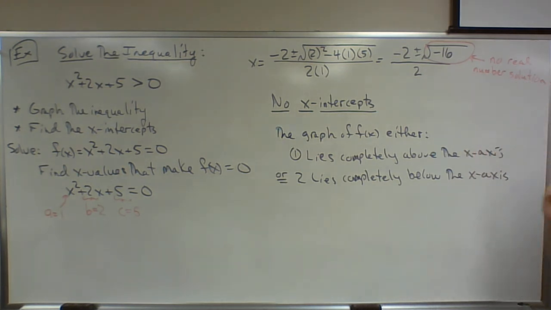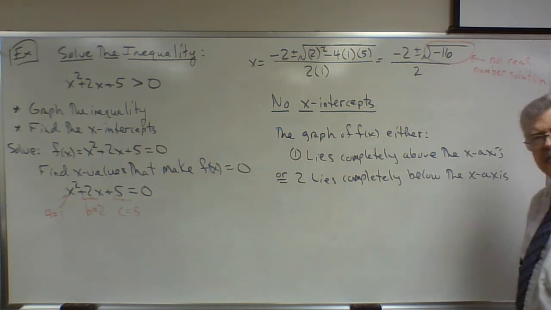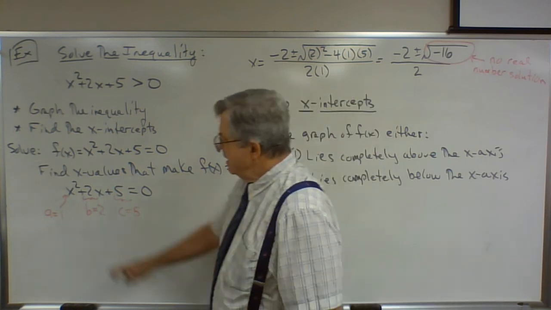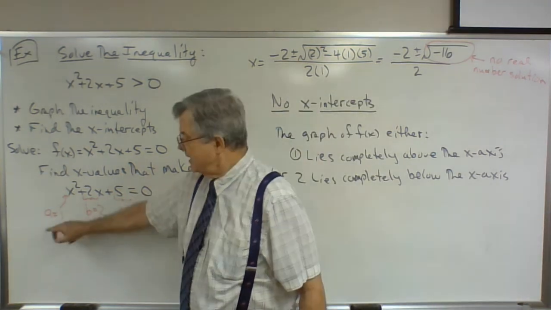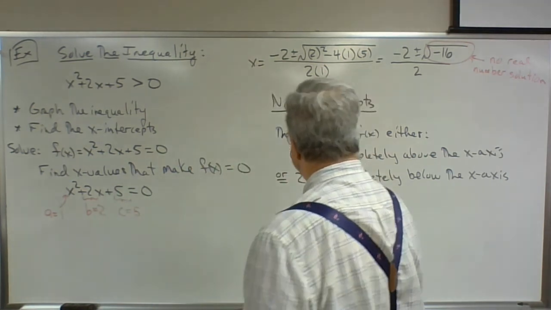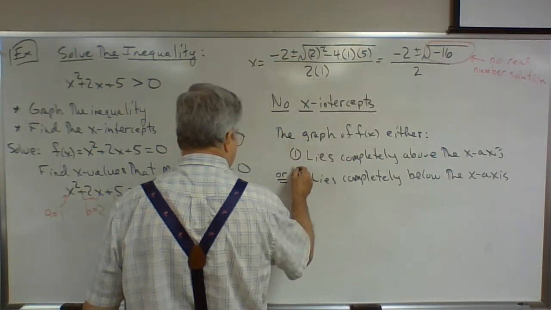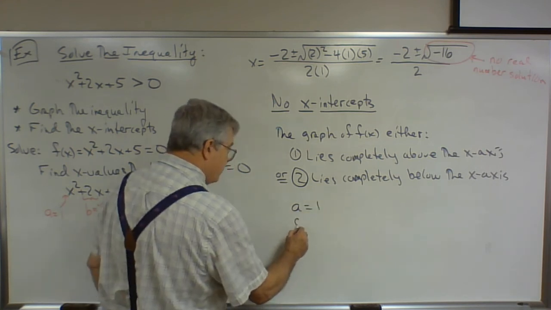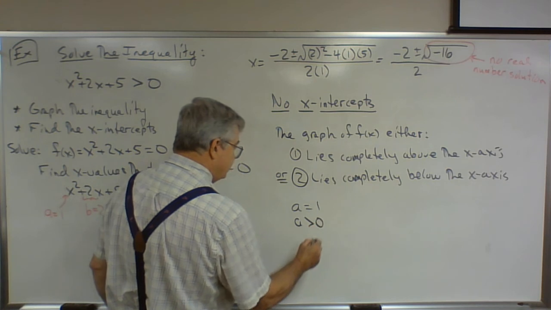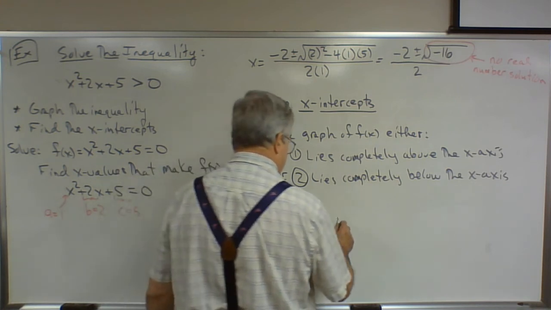It's got to be one or the other. And again, the easy thing to do is to use our friend a. a is 1. And the important thing about that is that a is greater than 0.